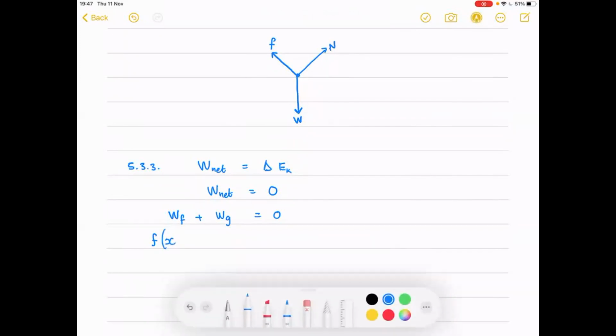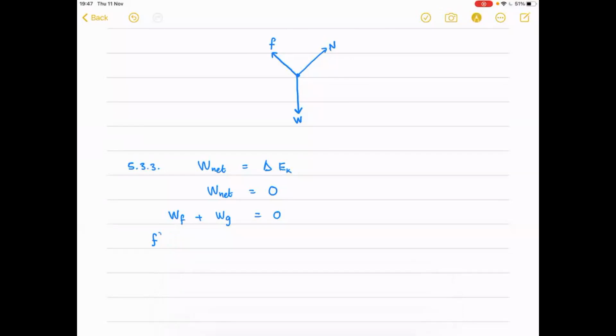Let me write it like this. F times x cos of 180 degrees, or cos of theta.